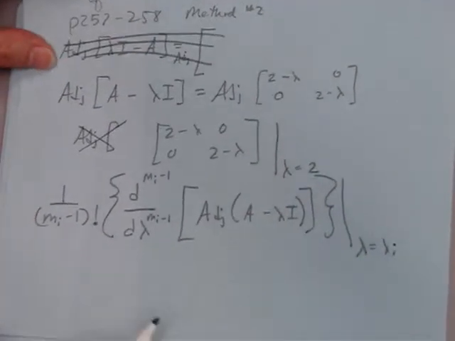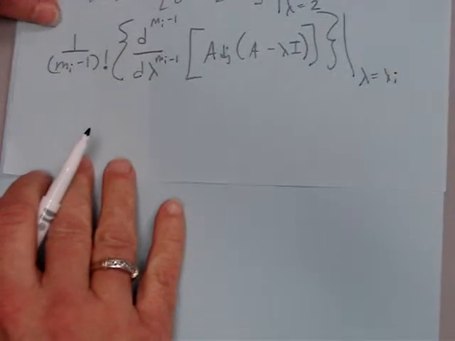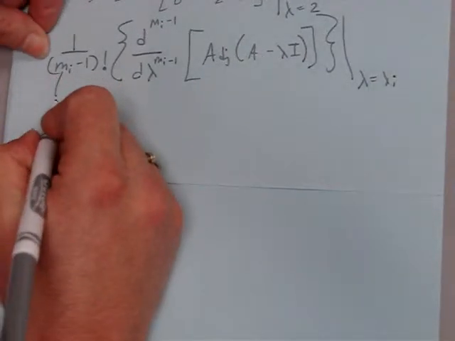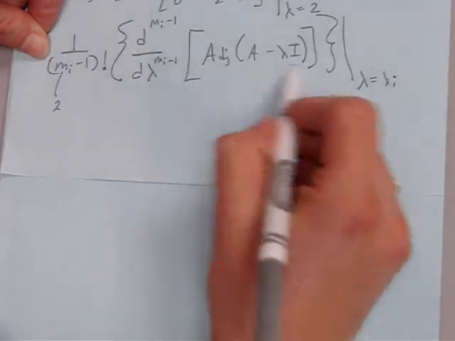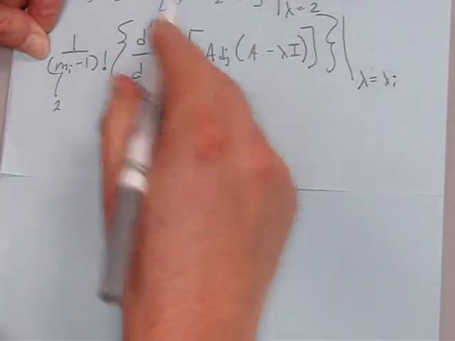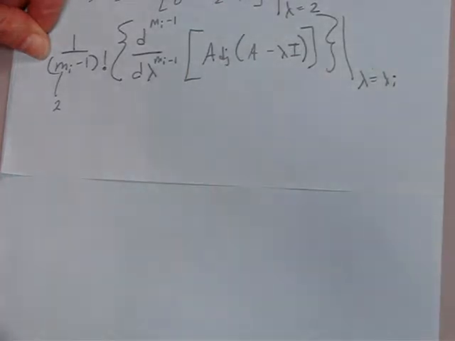For our case, m sub i is 2, and our adjoint matrix is this 2 minus lambda. Lambda is 2 as well.